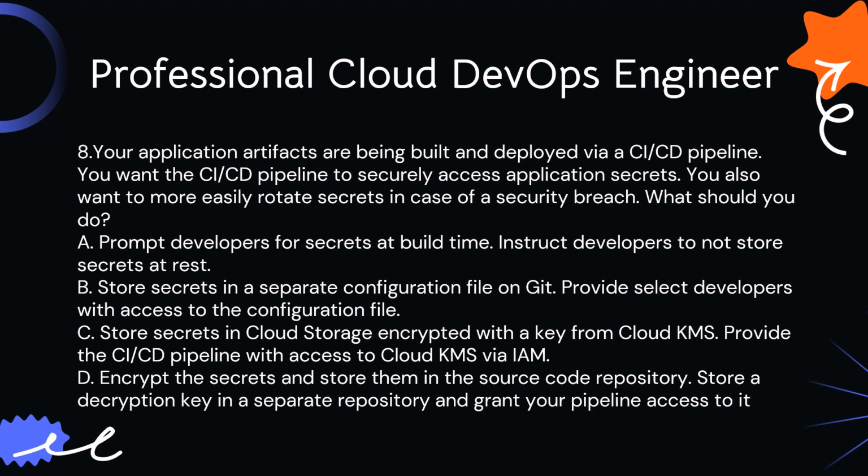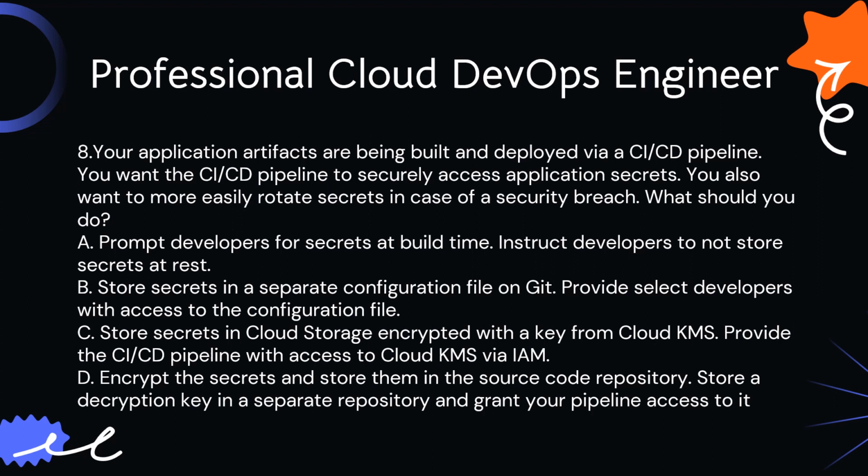A. Prompt developers for secrets at build time. Instruct developers to not store secrets at rest. B. Store secrets in a separate configuration file on Git. Provide select developers with access to the configuration file. C. Store secrets in Cloud Storage encrypted with a key from Cloud KMS.